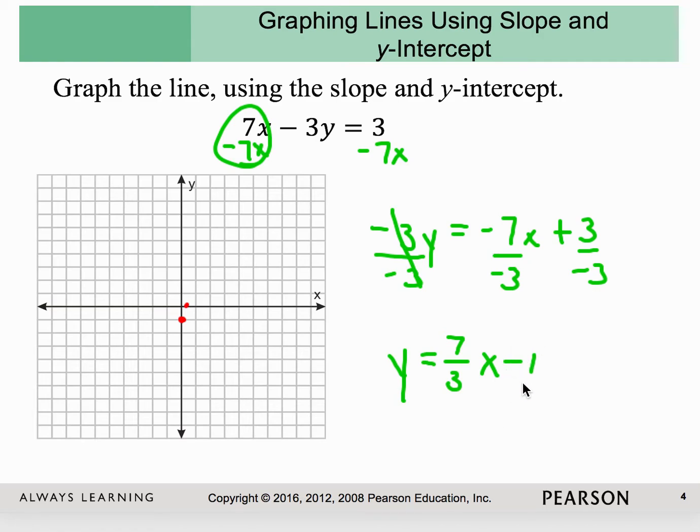Okay, so there's my y-intercept, which we got from before. But now I can go up 7 and over 3. 1, 2, 3, 4, 5, 6, 7. 1, 2, 3. Okay. So either way, I want to be able to do both ways fairly quickly.